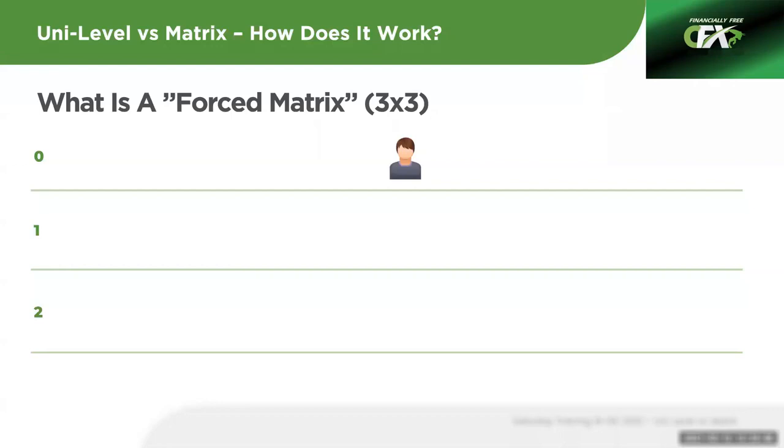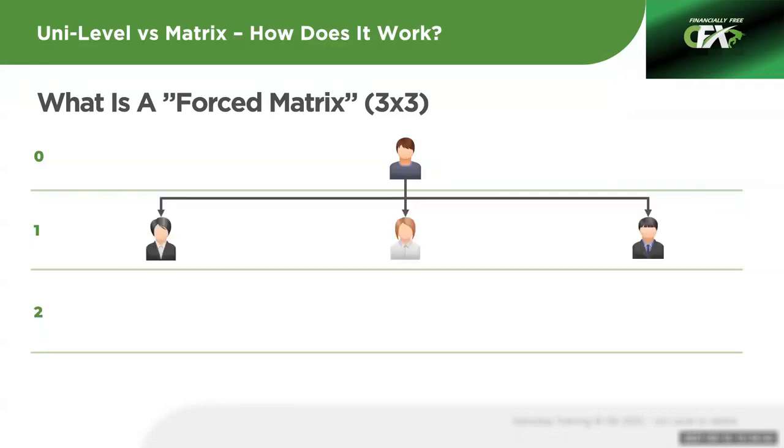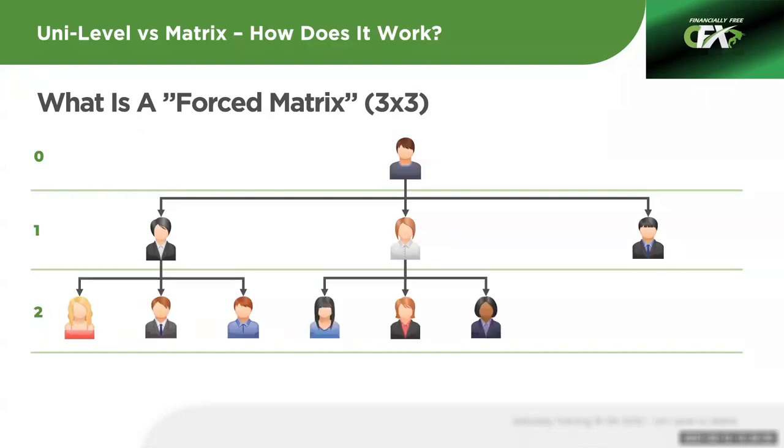So a force matrix 3 by 10 is where you are on level 0, and then on your first level you have 3 people. So there's your first 3, and then on your second level, as they bring people in, there's 3 people, and as they bring people in, there's 3 people and 3 people.